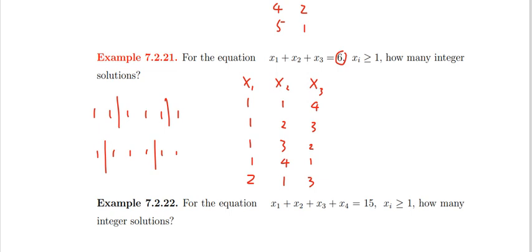So this one relates to this solution, x1 is 2, then 3, 1, right? 2, 3, 1. And this one, what is the solution? x1 equals 1, 3, 2, right?